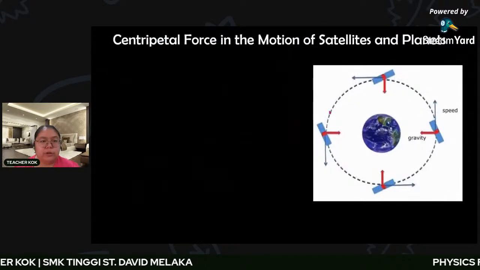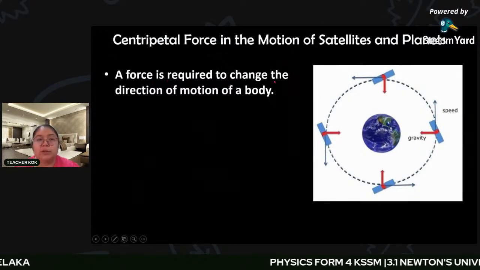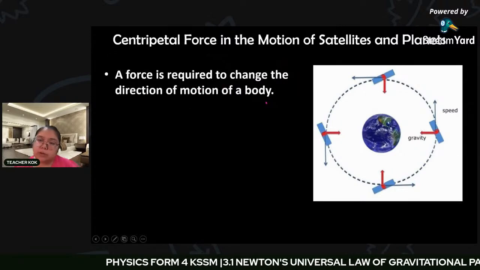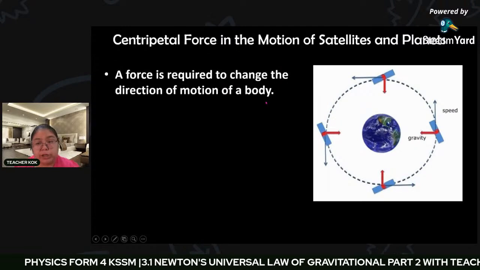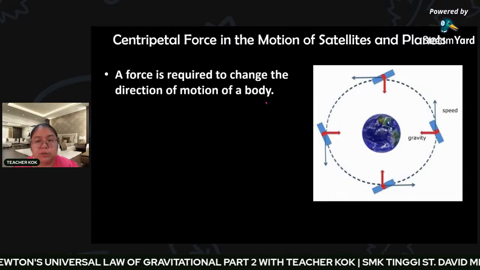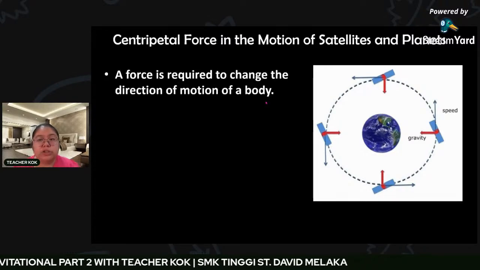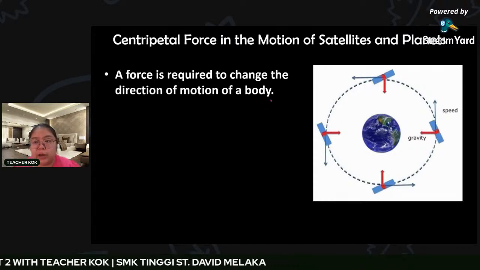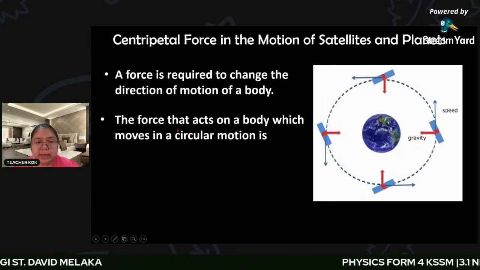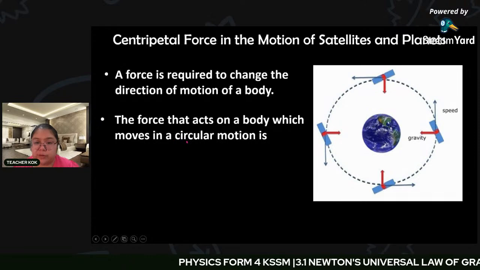Okay, then we continue. A force is required to change the direction of motion of a body. So when you keep moving and also need to change direction, you need some force. The force is needed for the satellite to change direction when it is turning. This force can act on a body which moves in circular motion.